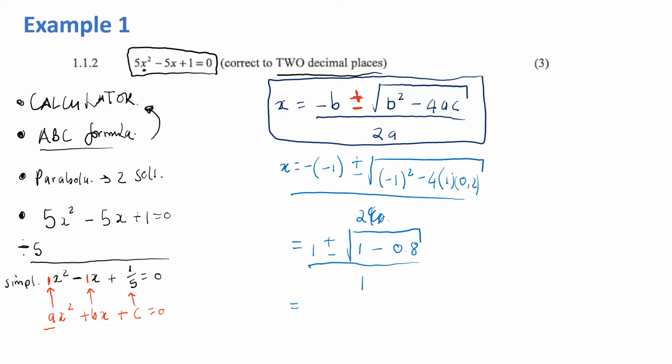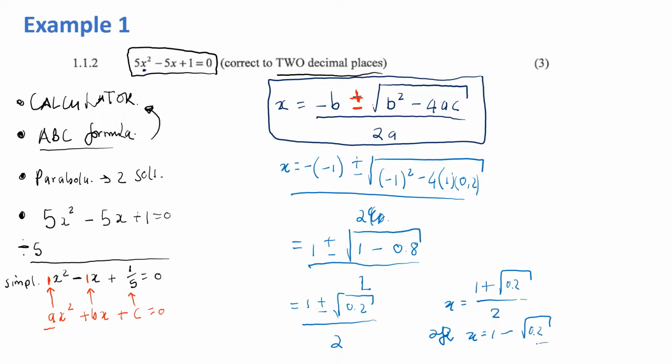Okay, so we have 1 plus or minus, and this is 2, sorry. The square root of 0.2, because that's what's left if you do 1 minus 0.8 over 2. And then you'll get x equals 1 plus the square root of 0.2 divided by 2, or x equals 1 minus the square root of 0.2 divided by 2.